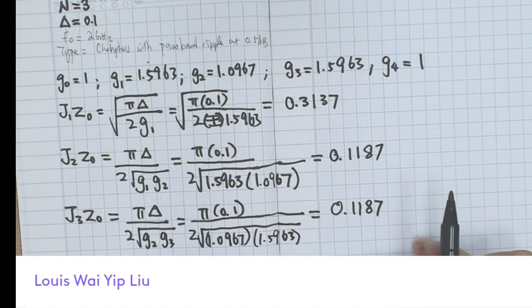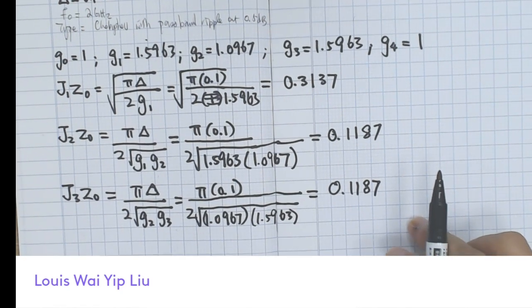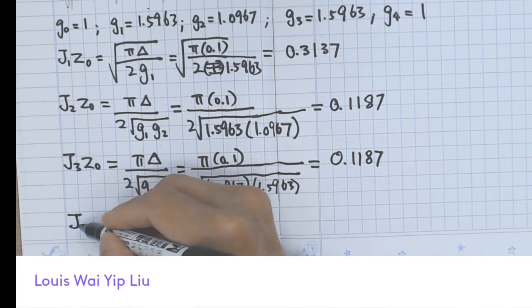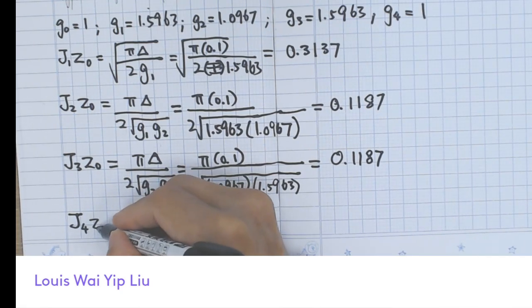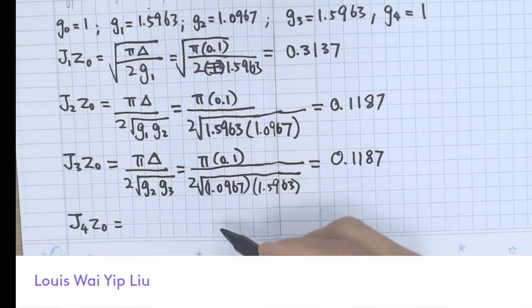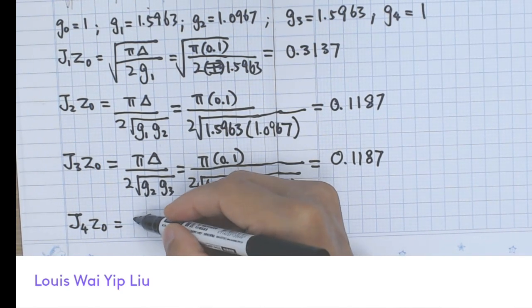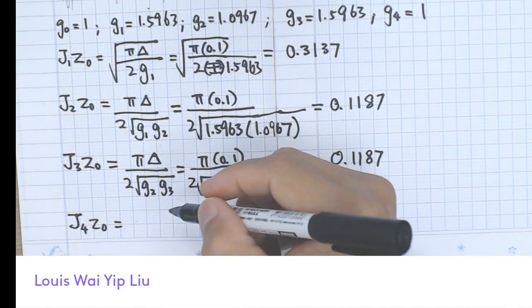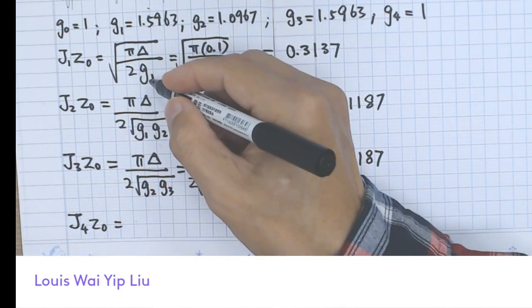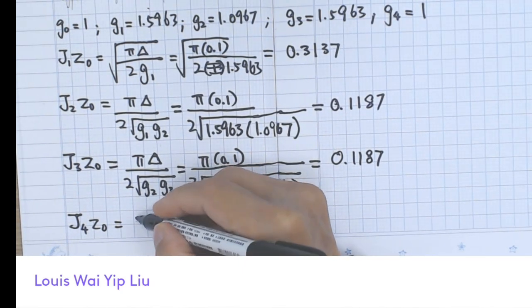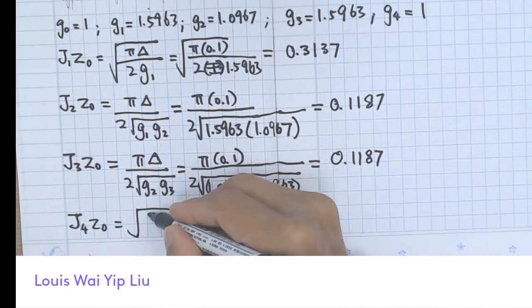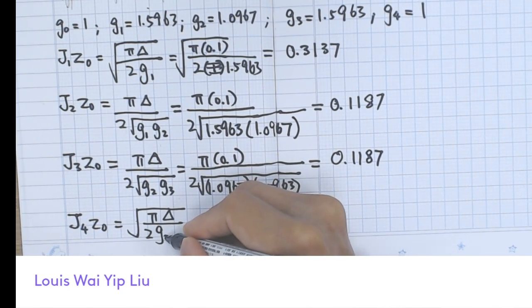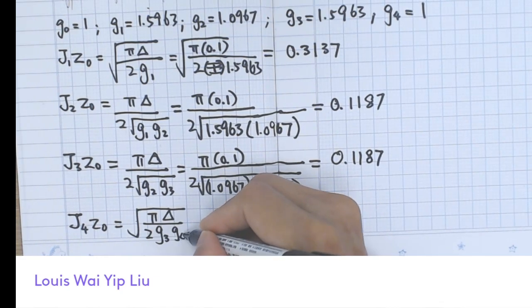So finally, we are going to work out the JZ value for the last stage. And what we have got here is we should use the formula similar to this one, but the bottom value should be square root of the last two values, G3 and G4.